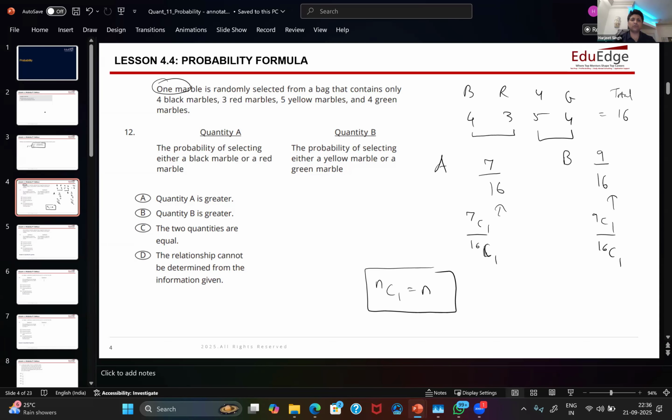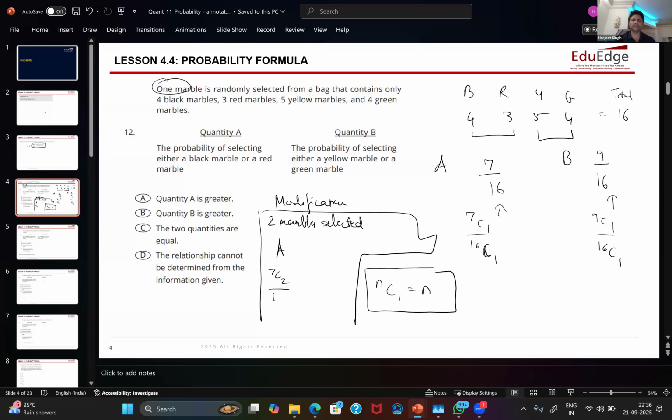So had the question been 2 marbles are randomly selected? Okay, let's modify the question. I say 2 marbles selected. Modification. So then A would have been 7C2 divided by 16C2 and B would have been 9C2 divided by 16C2.